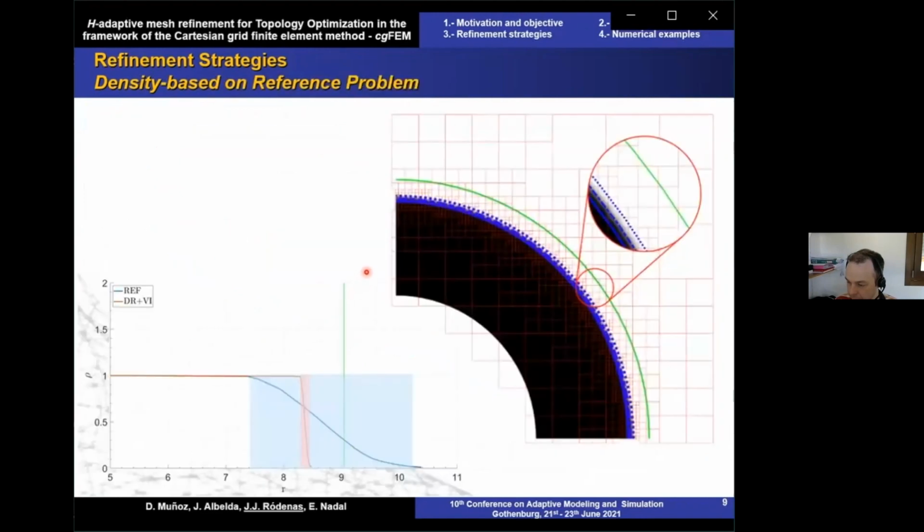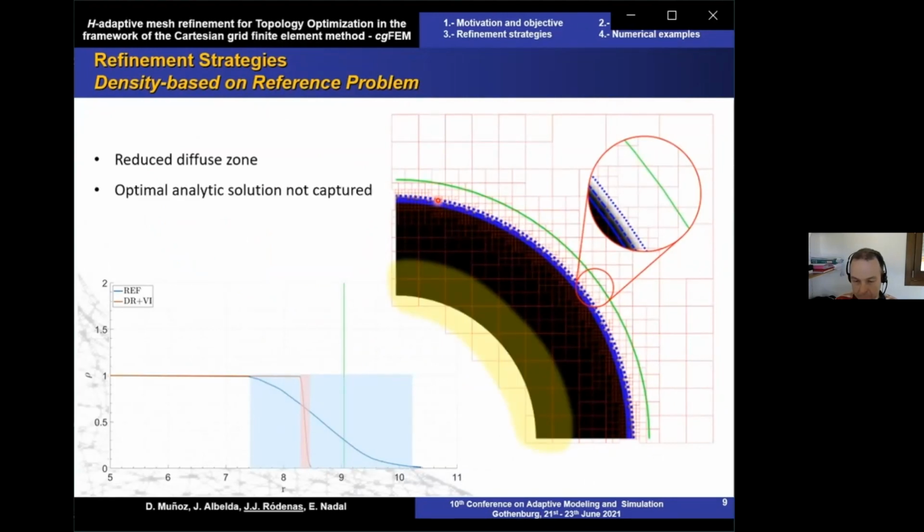If we use this strategy in the reference problem, this is the solution that we will obtain. We see that we have reduced the diffuse zone, but we have not been able to capture the optimal analytical solution represented by the green curve, because the stresses evaluated in this area are not accurately evaluated because the discretization is too coarse. So we also propose to use error estimation techniques to reduce the size of the elements where appropriate.